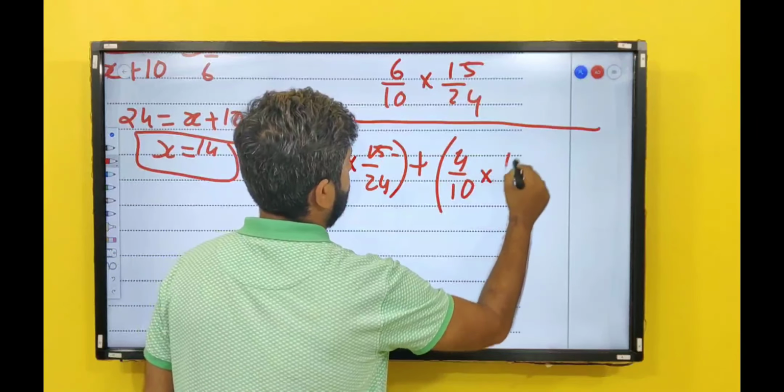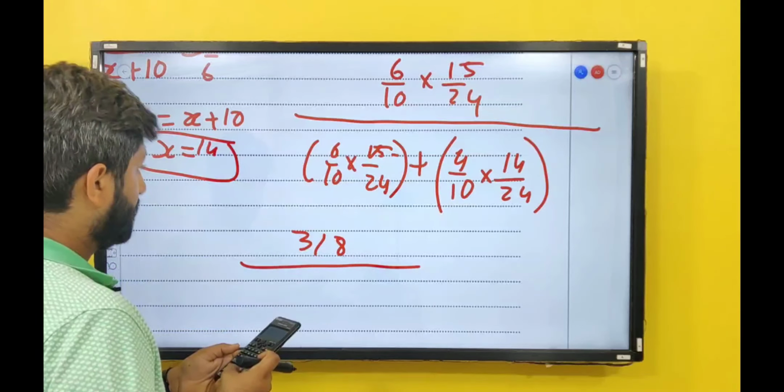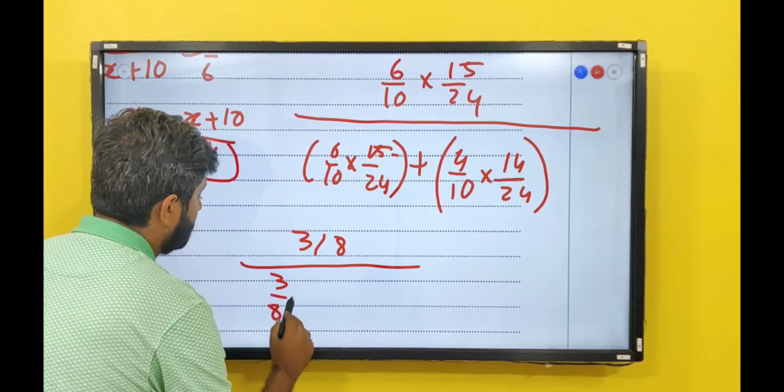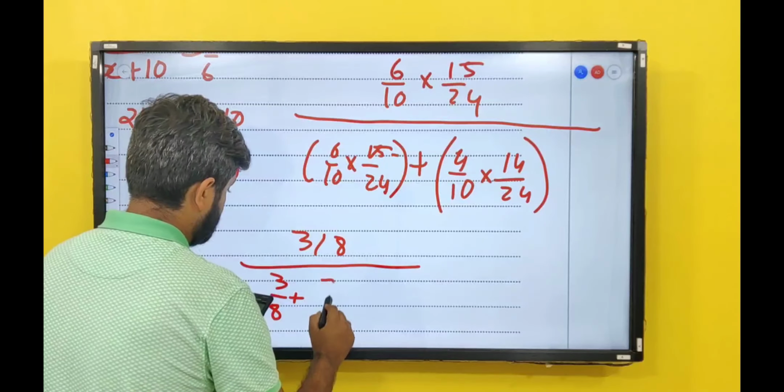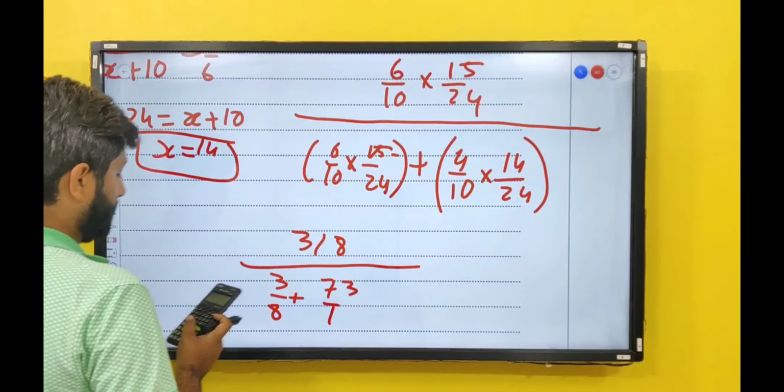6 by 10 into 15 by 24. This is 3 by 8, upon 3 by 8 plus 4 by 10 into 14 upon 24. Oh, sorry guys, I have added the answer. The answer of the denominator, when you add both the terms, is 73 upon 120.